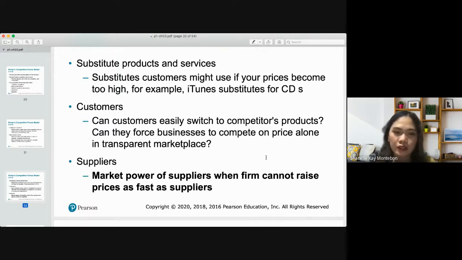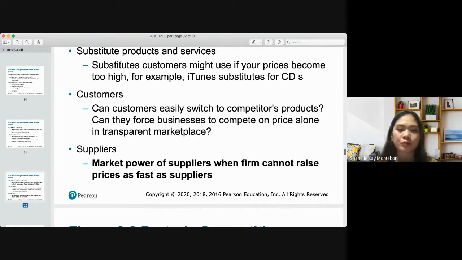This usually happens when a company is confident that it has many suppliers. But the tables will be turned if the supplier is the only one. The supplier may take advantage or overprice because they know that even if they increase the price, the company will still buy the products the supplier offers.